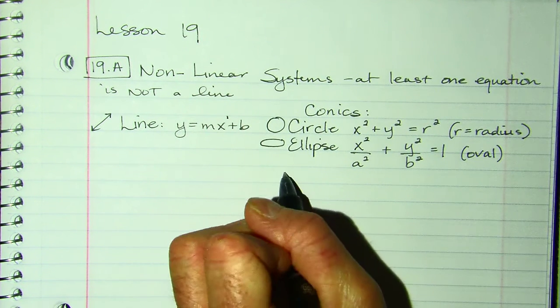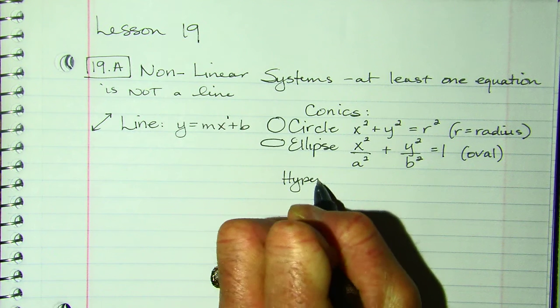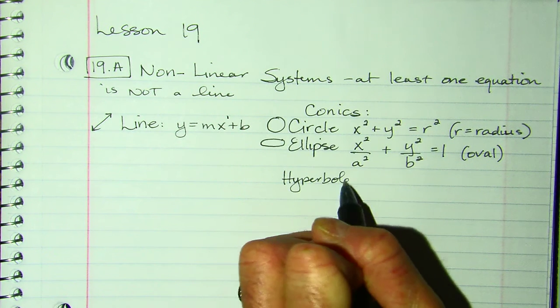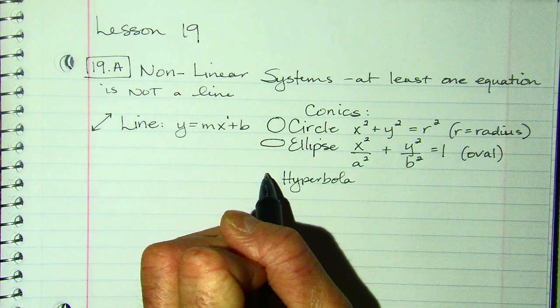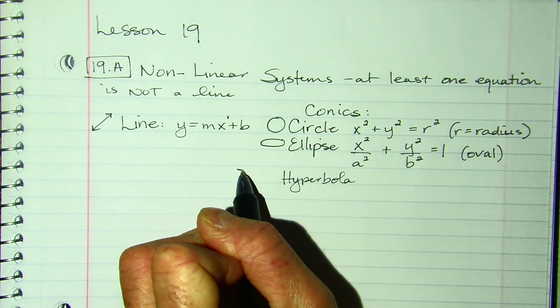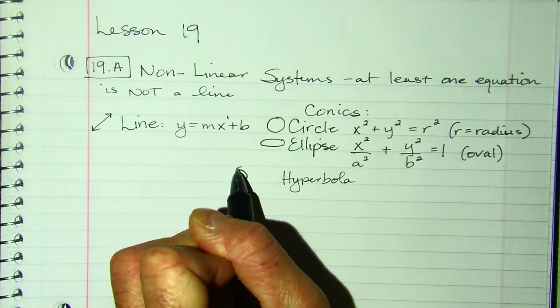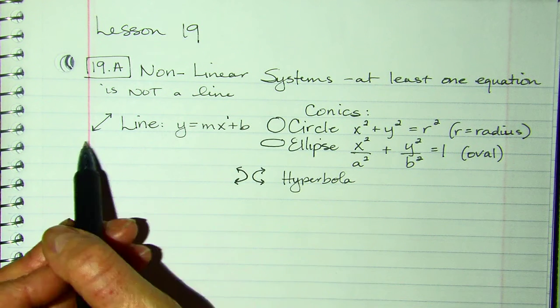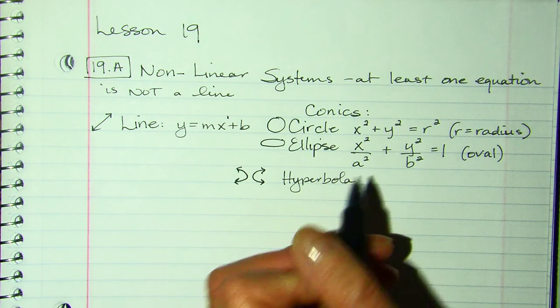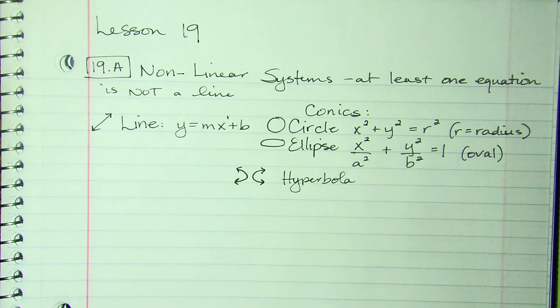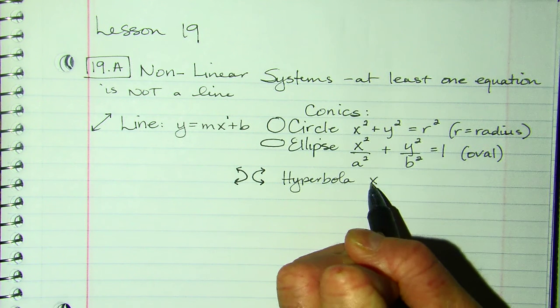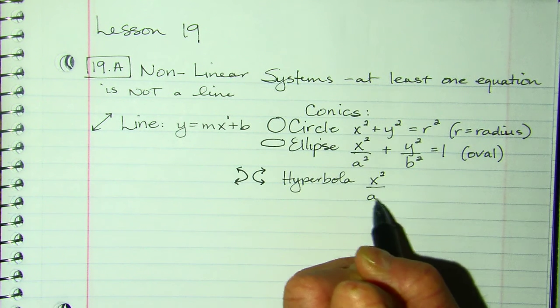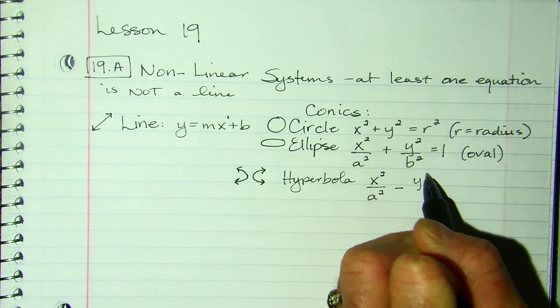And last is a hyperbola. It looks like an ellipse that's cut in half and flipped so that it faces outward. So line, circle, ellipse, hyperbola. And the only difference between the formula of an ellipse and a hyperbola is that you have a subtraction sign in the center instead of a plus sign.